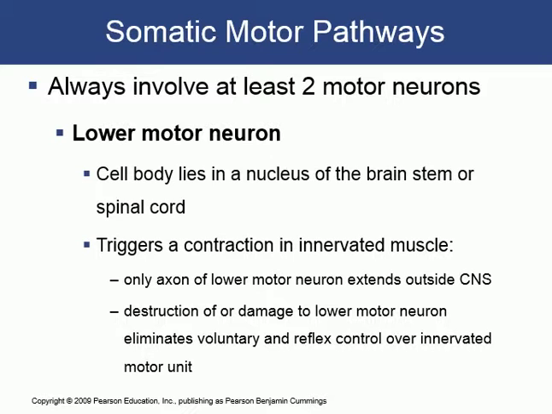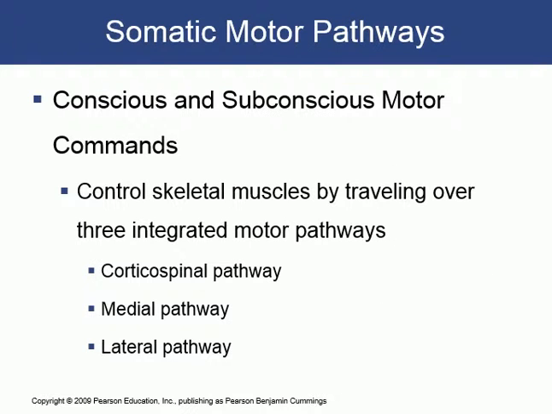So we have only two, right? From the nuclei up here, or from the centers, whether we're talking about the cortex or the brain, to one of the three parts of the brainstem, or to the spinal cord. From cortex or brain to brainstem or spinal cord, this is the upper. From the upper to the organ, which is usually muscles, that will be the lower motor neuron. So you go in two steps.